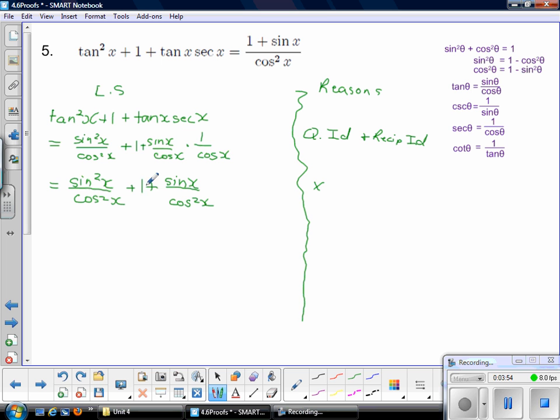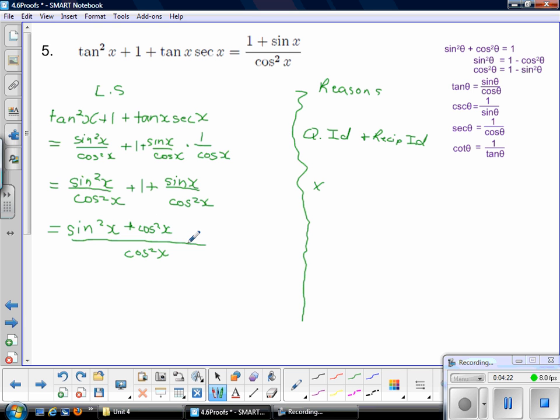I almost have everything with a cos squared x. So I think what I'm going to do for this one is I'm going to make a common denominator for it of cos squared x. So that's the next step I'm going to do. So sine squared x. So everything here is going to be over cos squared x because that's our common denominator. So the 1 then will be plus a cos squared x, because cos squared x over cos squared x is 1.